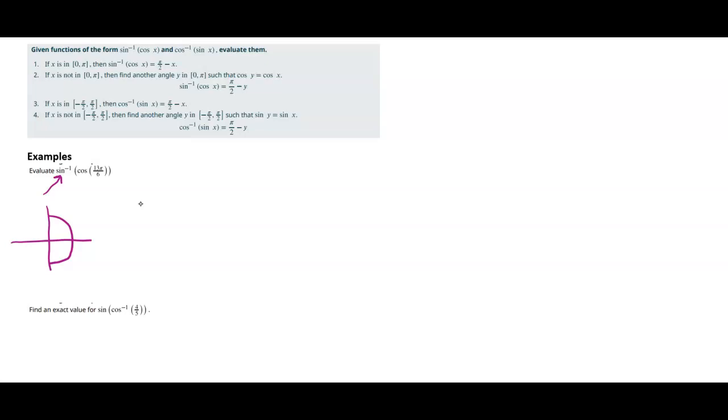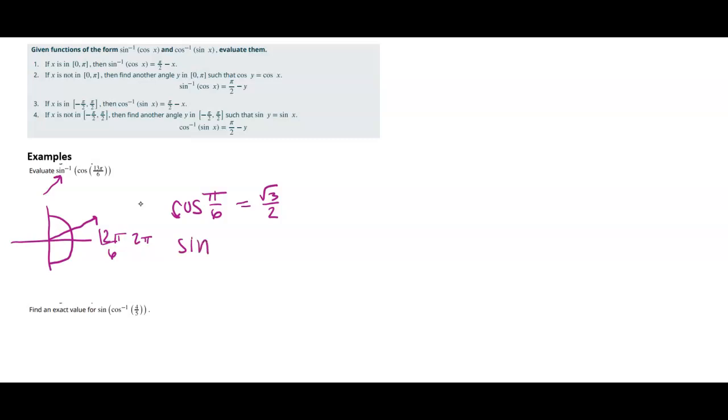Well, 13 pi over 6 is 12 pi over 6, so 2 pi, just a little bit more, so we're right here. So what's the cosine of pi over 6? The cosine of pi over 6 is root 3 over 2.